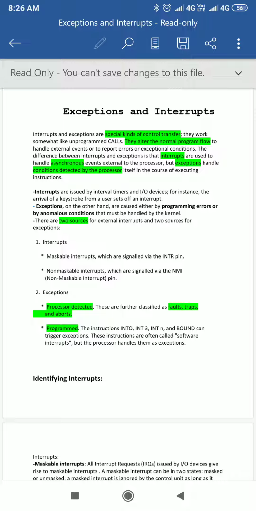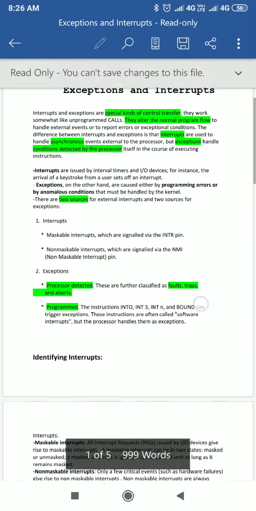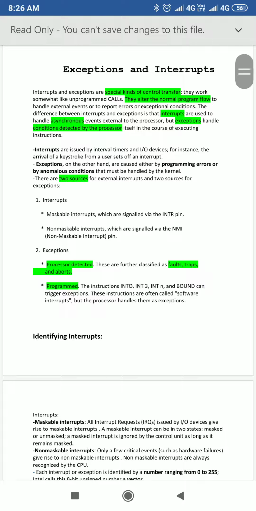Now, interrupts may be generated by internal chip operations or may be provided by external sources. There are some sources of interrupts that the 80386 provides. Mainly, there are three kinds of interrupt sources, namely hardware interrupt, software interrupt and error conditions.